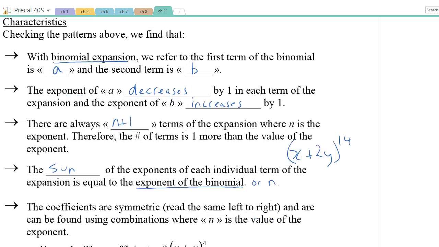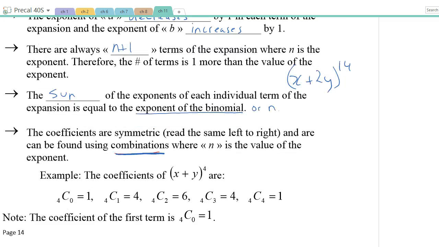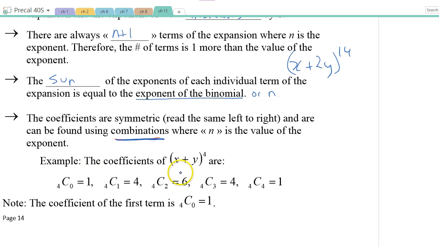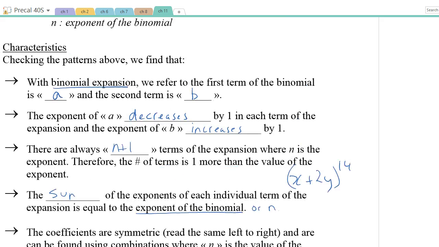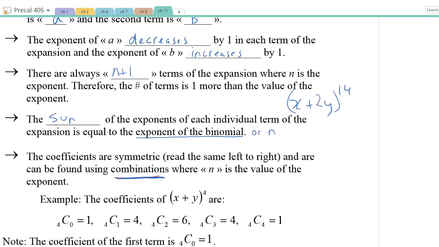Okay, so we could say that the coefficients are symmetric and can be found using combinations. Oh, okay, so that whole stuff that we've been learning about combinations actually has an application to expanding these binomials when you multiply it out, where n is the value of the exponent. So check it out. For x plus y to the fourth, we already found that here are the coefficients, 1, 4, 6, 4, 1.